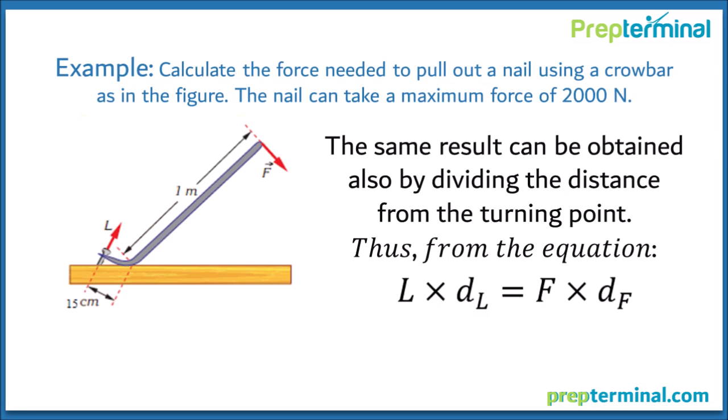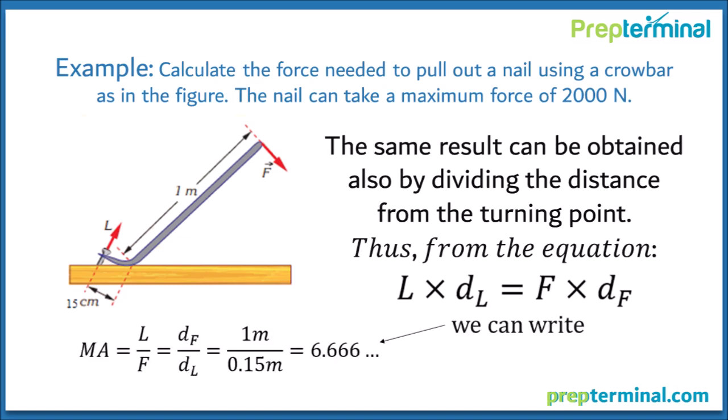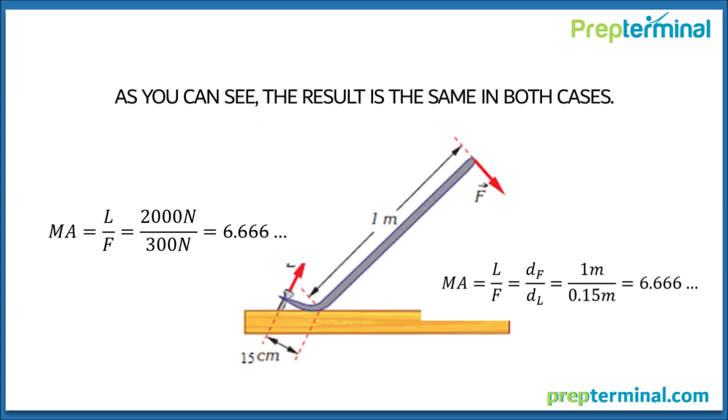Thus, from the equation L times dL equals F times dF, we can write MA equals L divided by F equals dF divided by dL equals 1 meter divided by 0.15 meters equals 6.666. As you can see, the result is the same in both cases.